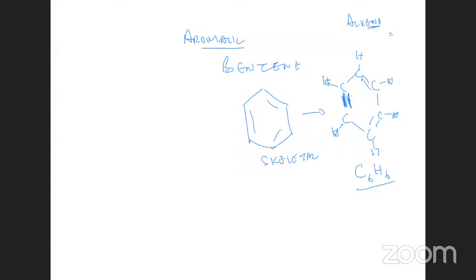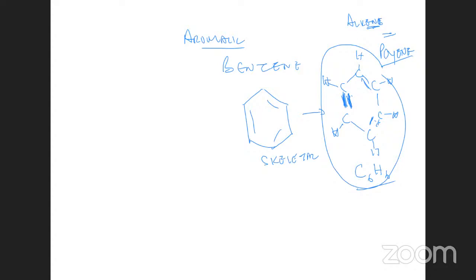Ene means double bond. So these are double bonds, but it's cyclic and there are more than one double bond, so I will call it polyene. Okay. So this aromatic nature or aromaticity is observed in other compounds too when they have this alternating conjugated bond.